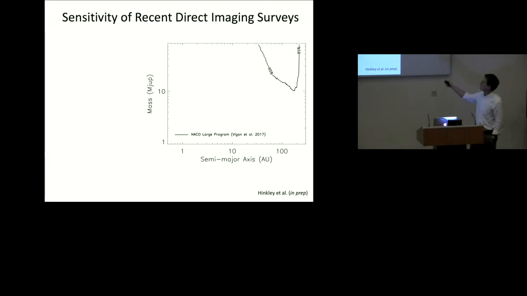This is a sensitivity curve that I got from Arthur Vigan, who published the results of the NACO large program a couple of years ago. They were very sensitive out here at 100 AU or something. And this is the 95% confidence completeness contour. So they are sensitive into this region, but this hopefully just makes a point. I'm going to come back to this plot in a moment.